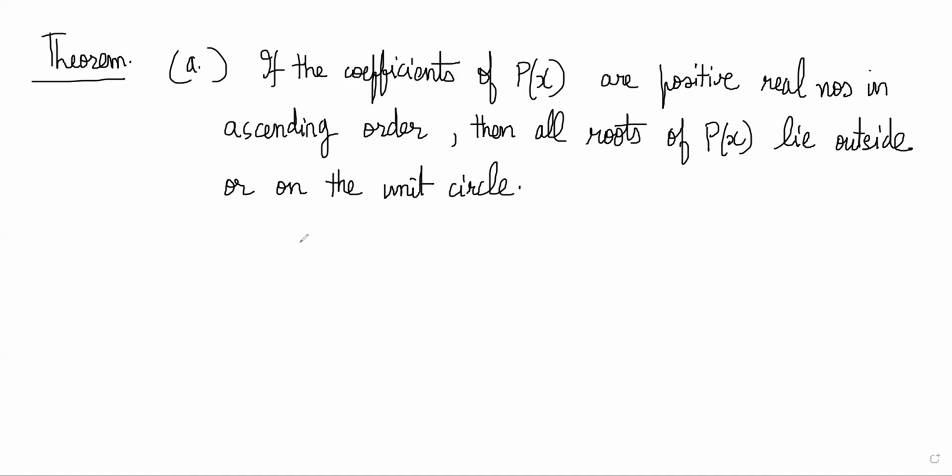What is this saying? If the coefficients of p of x are positive real numbers in ascending order, then all the roots will be outside the unit circle or on the unit circle.